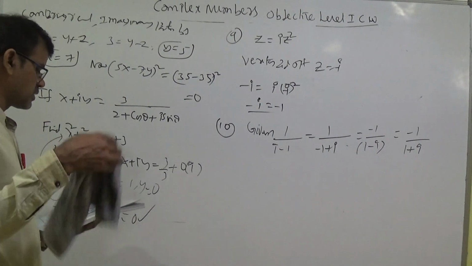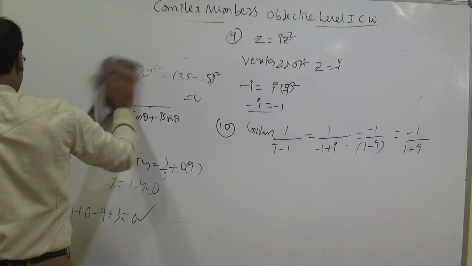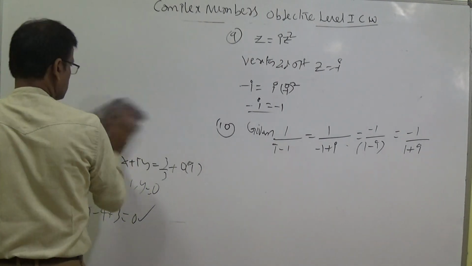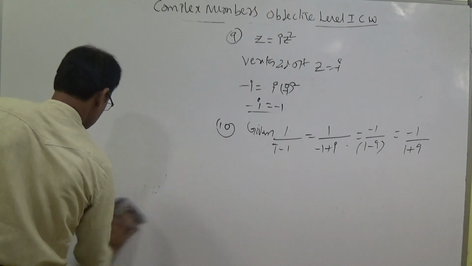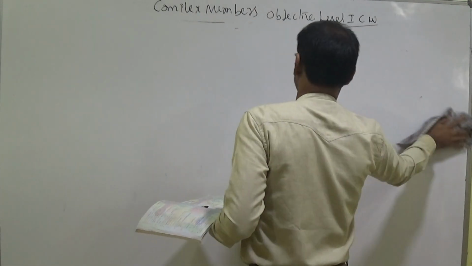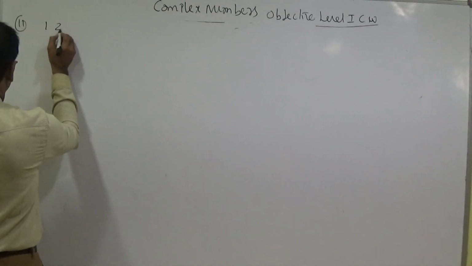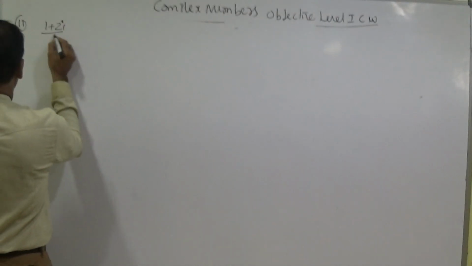11th one. The complex number 1 plus 2I by 1 minus I lies in which quadrant?